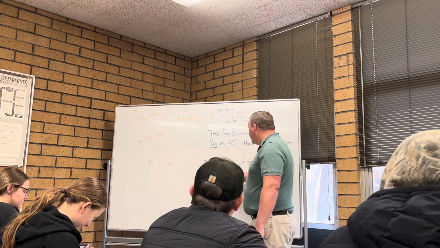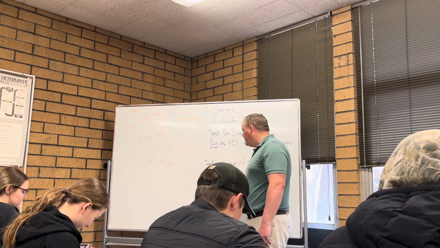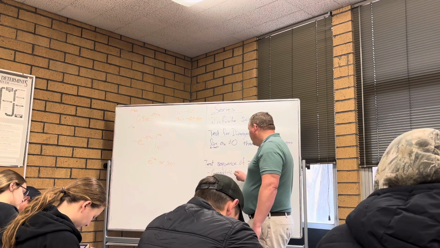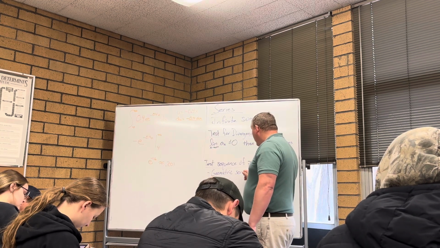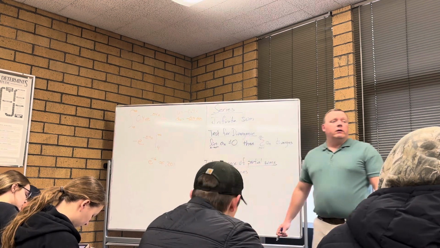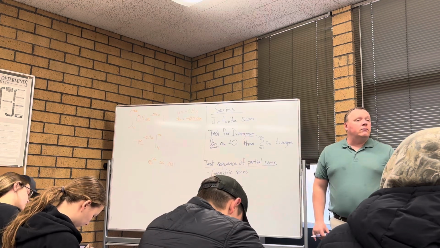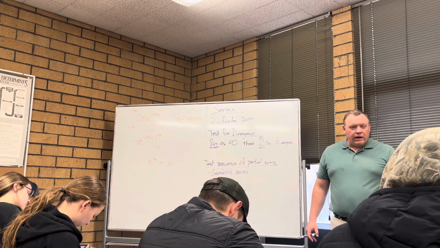The easiest in that category was to look at geometric series, where we could write a formula down for the partial sum. I don't really care if you remember that or not.